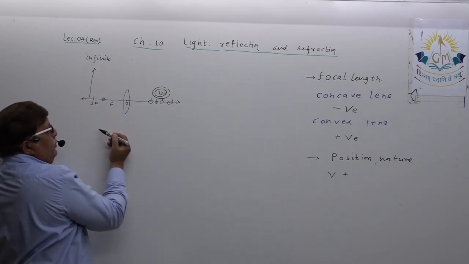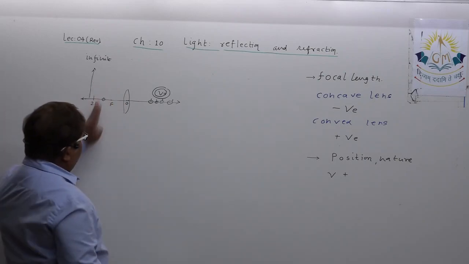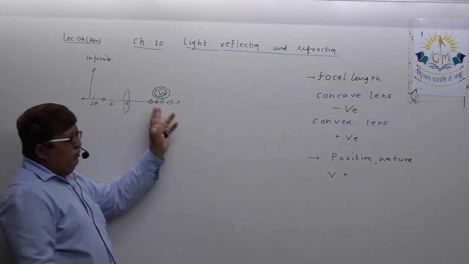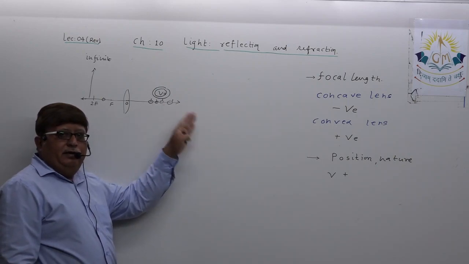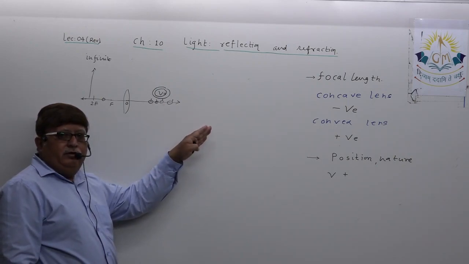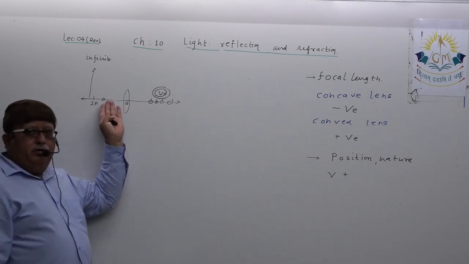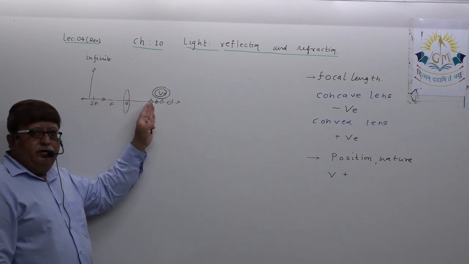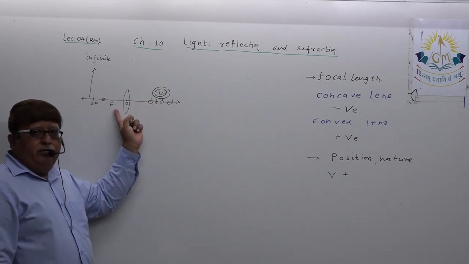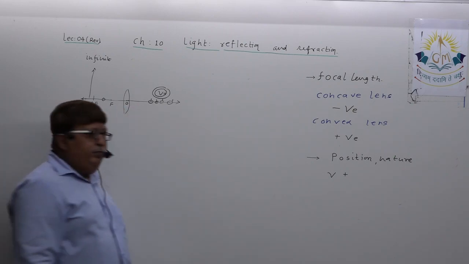But just now I am refraining from discussing this. Just think of this only: all images are on the right side of the lens. Understand? Means on the other side. The object is always kept on the left side and the image is obtained on the other side. That means from the optical center to the right, it is always positive.